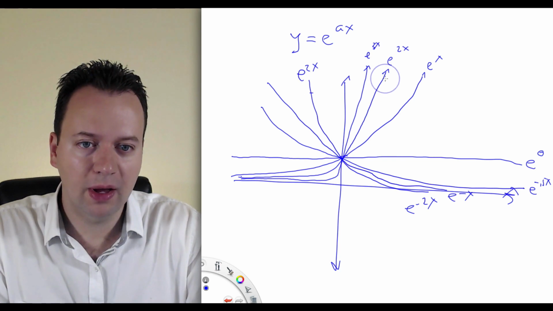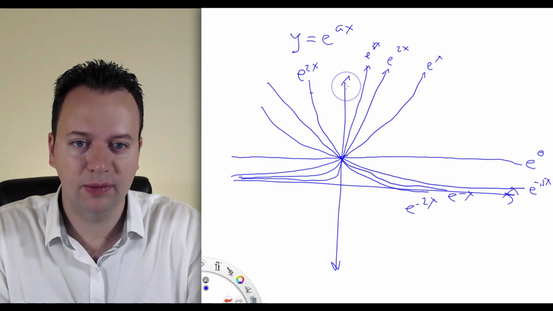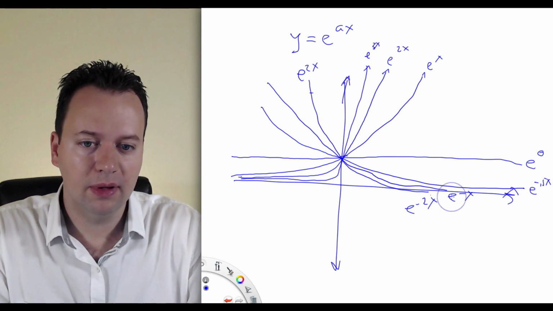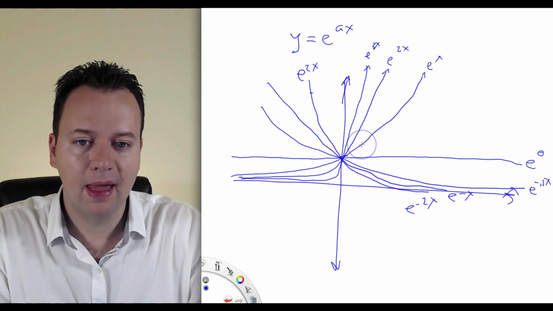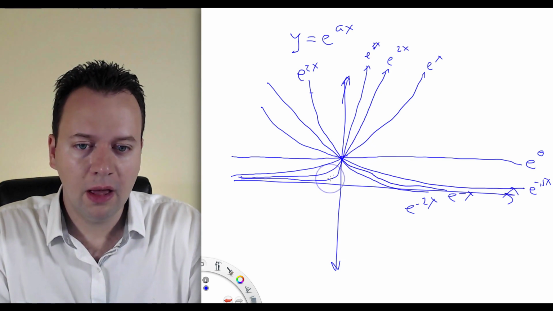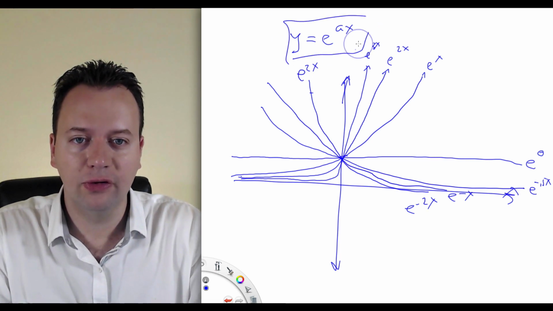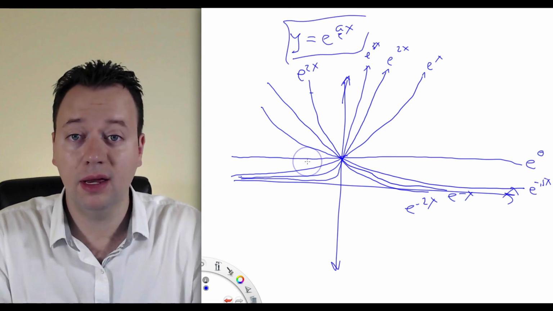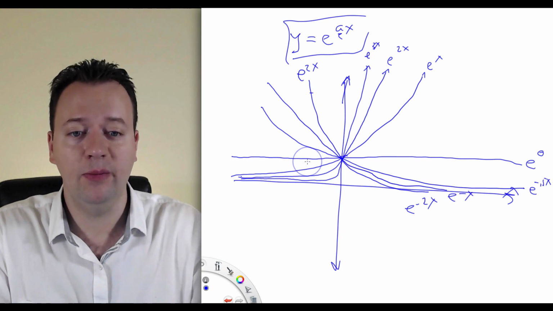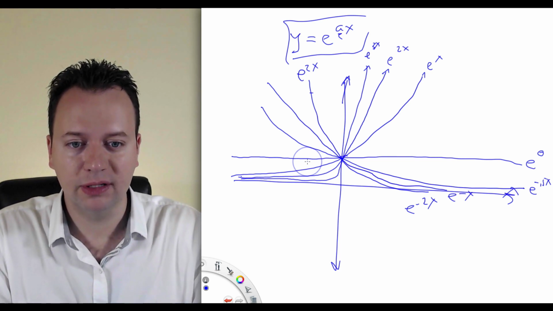E to the minus 2x will be a reflection of e to the 2x about the y-axis. And it decays as x goes to infinity instead of growing. So all of these are exponential functions. They all take the same basic form, but for different values of the parameter a, you get a different member of this family.